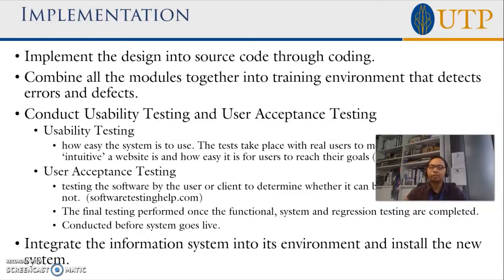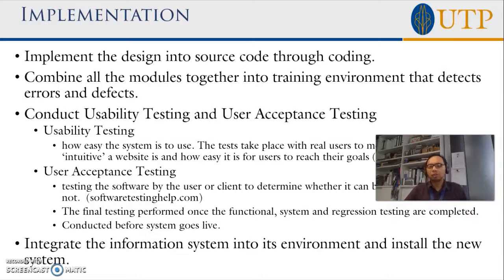The similarities between the two is that both are testing methods. The difference is that the way that the testing is being conducted. For usability testing, is more on how easy the system is to be used by the user, how easy it is for the user to use the system. So the tests take place with real users to measure how usable or intuitive a system is and how easy for the users to reach their goals.